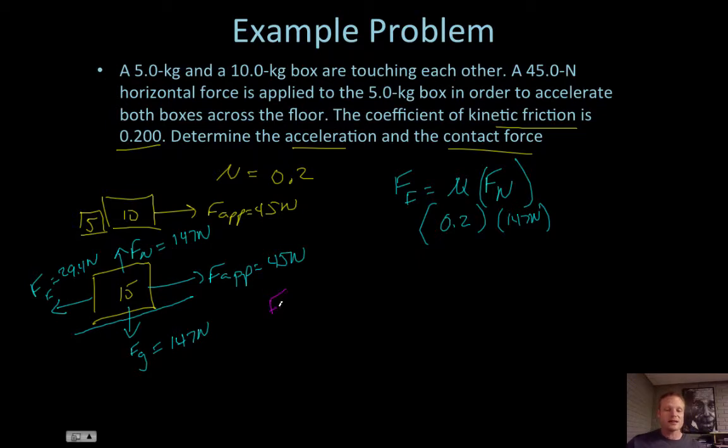But in the x direction, F net x equals mass times acceleration. What are my forces in the x direction? Well, we have F applied and the frictional force. These two forces are fighting against each other. So I can write 45 minus 29.4 equals the mass, which is 15 kilograms, times a.